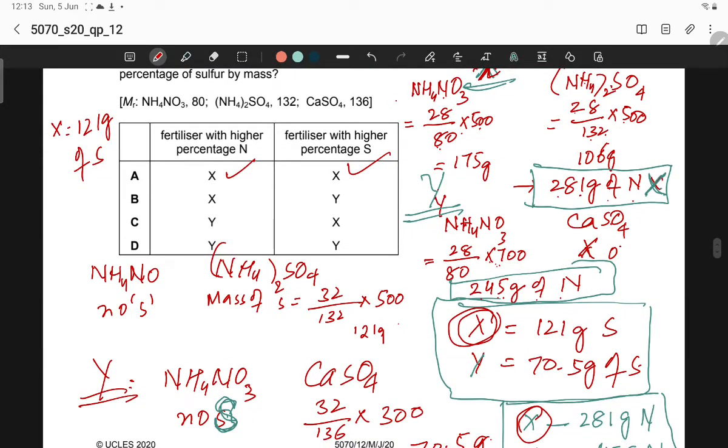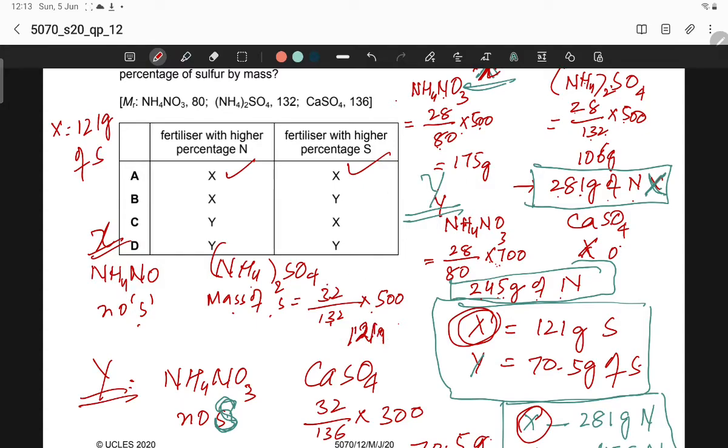Now let's check the sulfur. Ammonium nitrate in X contains no sulfur, but ammonium sulfate contains sulfur, so the mass of sulfur is equal to 32 over 132 times 500. This will be equal to 121 gram.